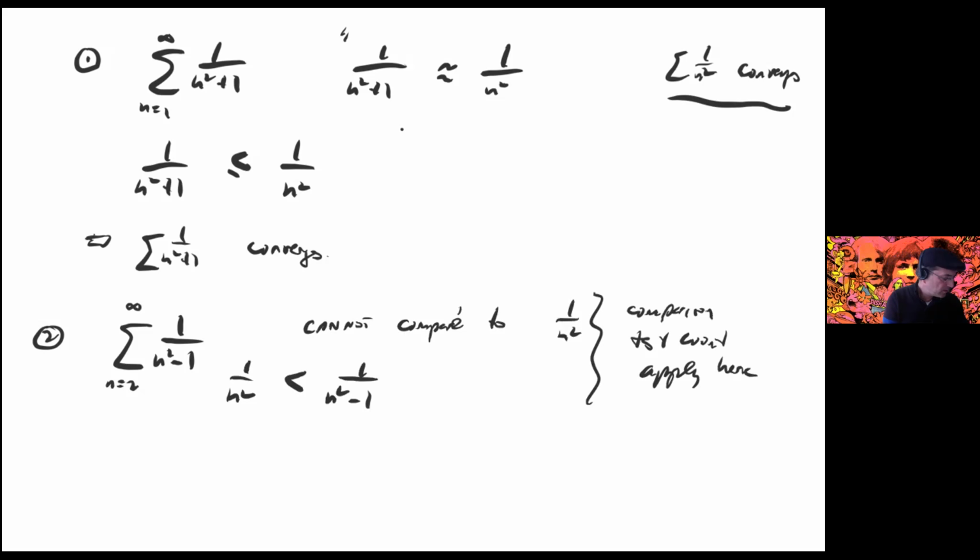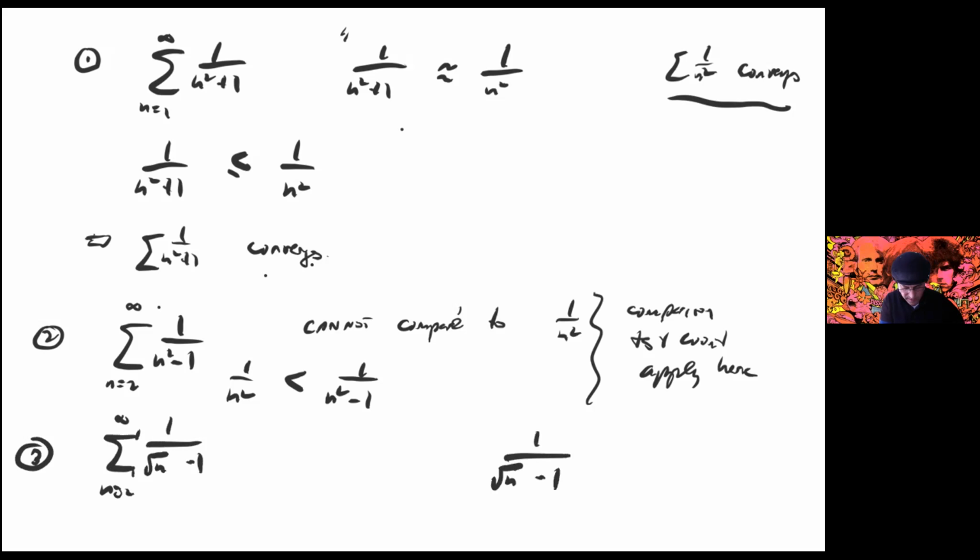Okay, here's a case where we can play the same game, and it will apply. The sum from n equals 2 to infinity of 1 over the square root of n minus 1. Now 1 over the square root of n minus 1 is larger than 1 over the square root of n.